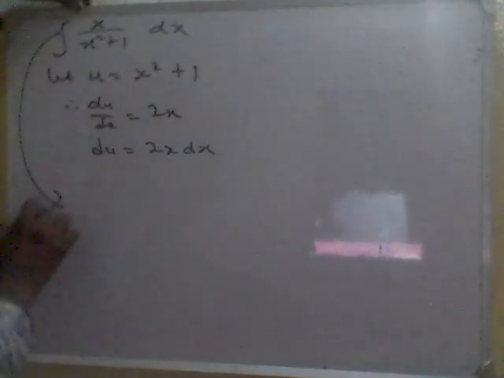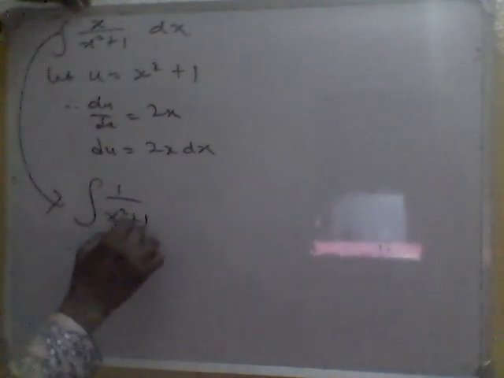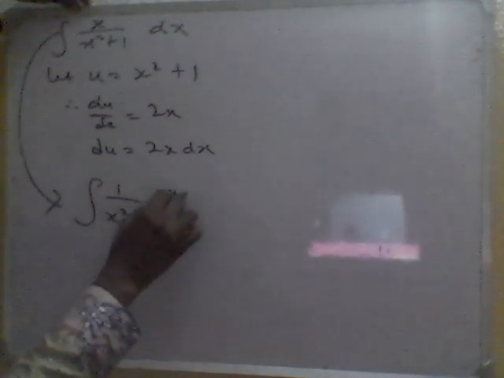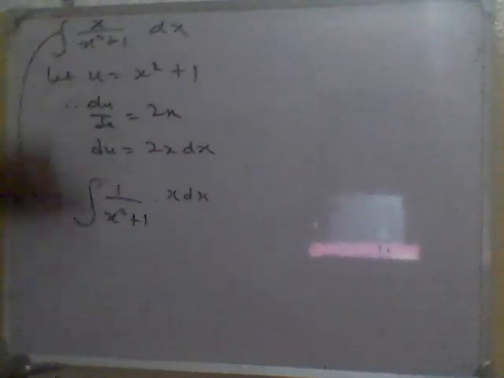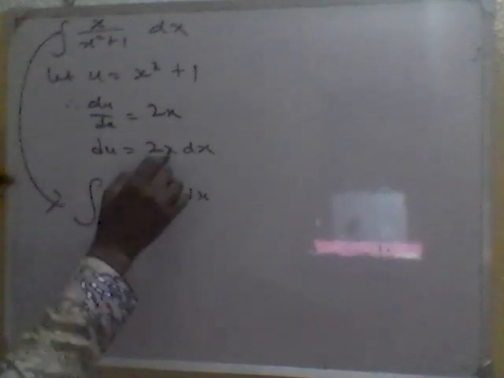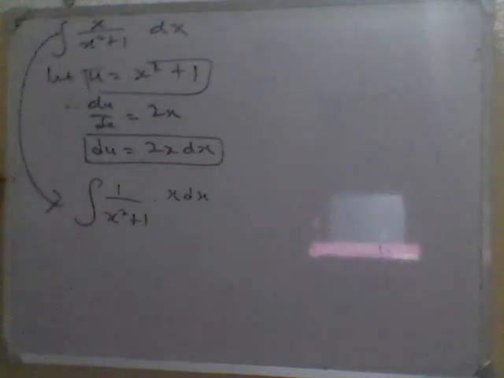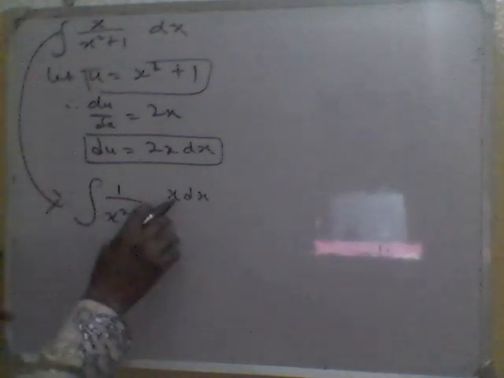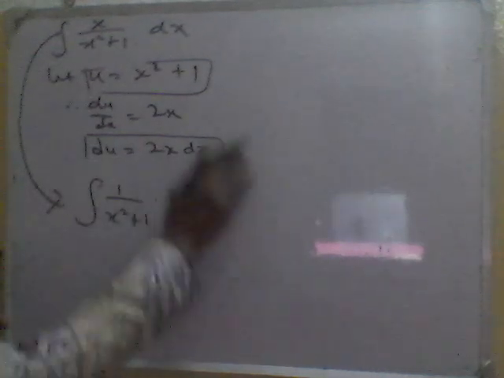I'll write this one again. See? Integral 1 over x squared plus 1, right? Then dot x dx. This is just rewriting this, right? And this one now looks in this form. I have this one here, and this one at the denominator. But you know this one now that I have here, I have 2 by the side, so I can resolve this again.